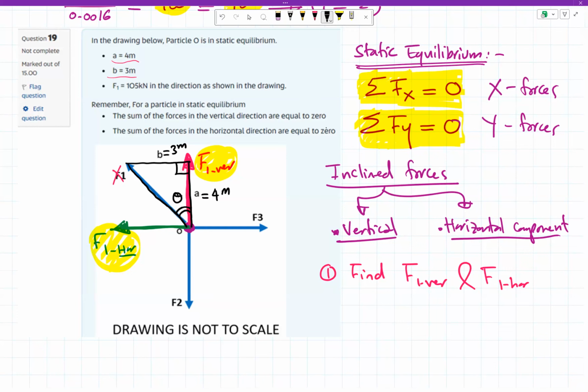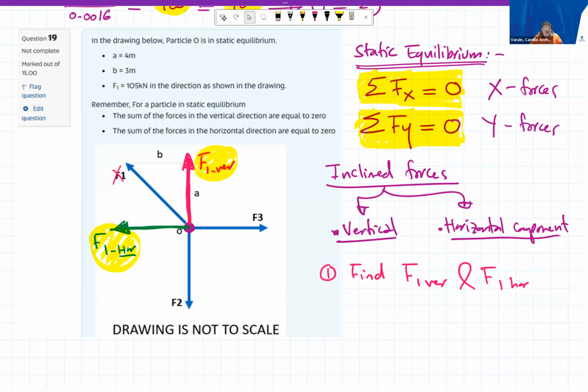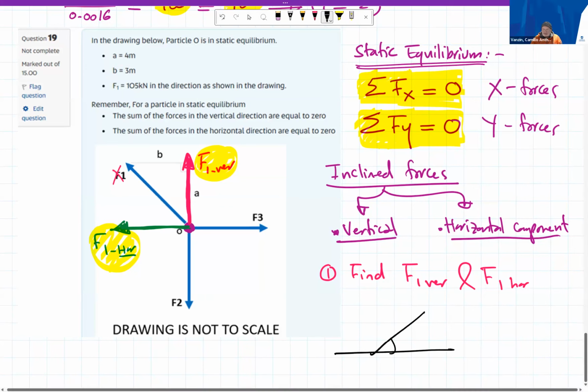No, but I will work with what you mentioned, if you did it the other way around. But I will just show you something quickly. If we have this 30 and this 60, this is what you mentioned, right?